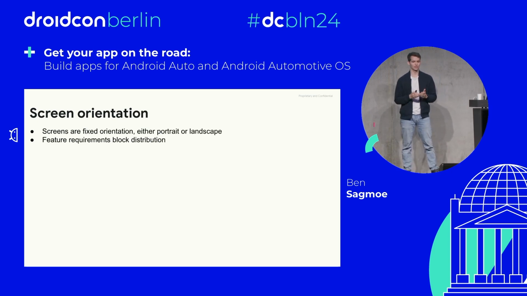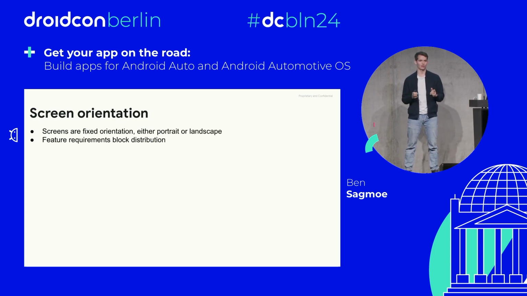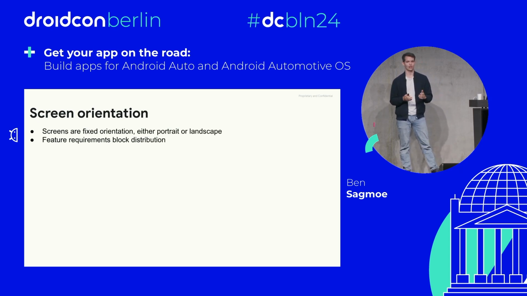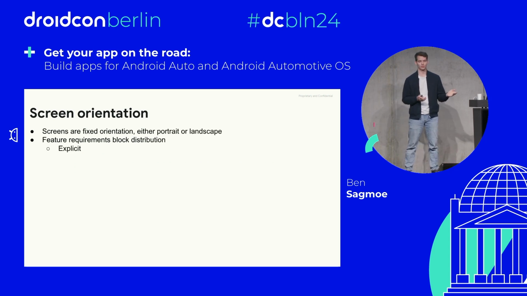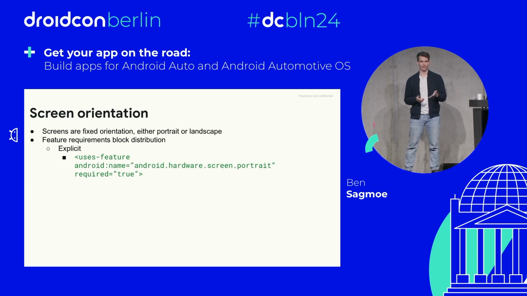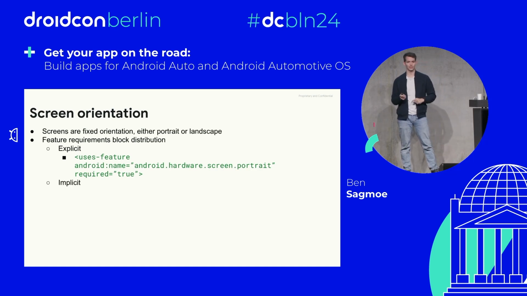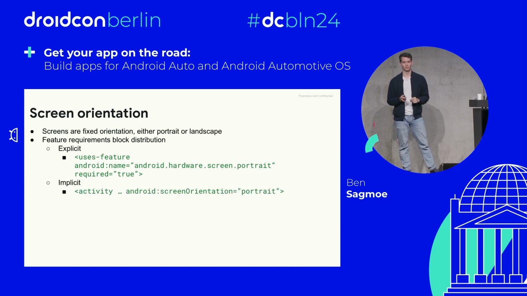And as a result, sometimes if you require a feature for either of those, that means that half the cars on the road won't get your app because they don't have the matching screen. That can be an explicit feature requirement, where you're saying, I absolutely need this, or it can be implicit, and this is the one that's a little tricky.